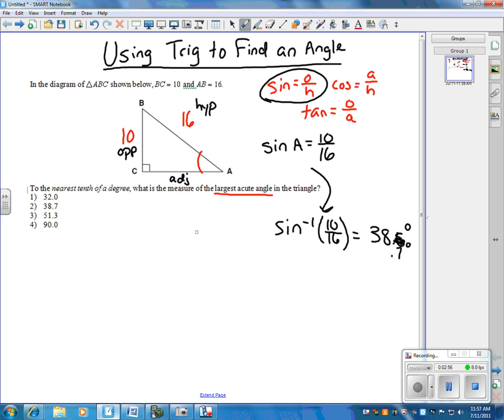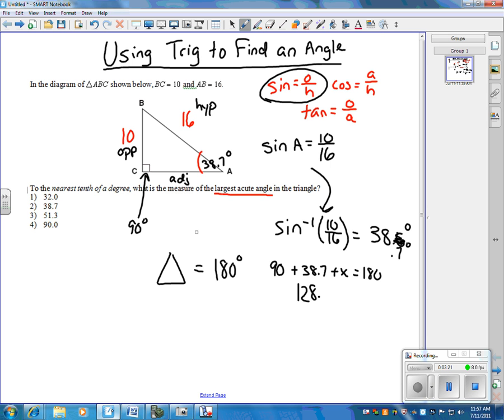Now, if this one is 38.7, then we need to use the fact that in all triangles, there's 180 degrees. We got, for our right angle, we always have 90. So we got 90 and 38.7 plus x equals 180. So we got 128.7 plus x equals 180.